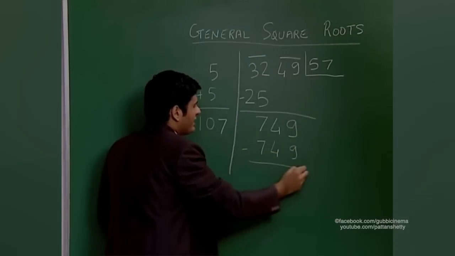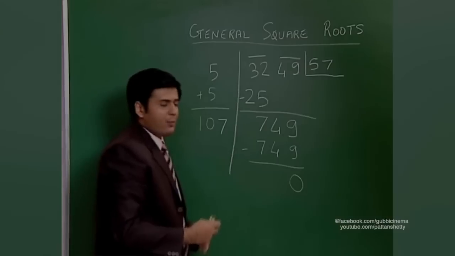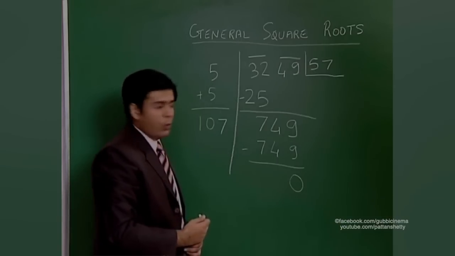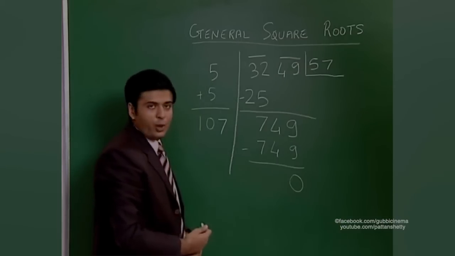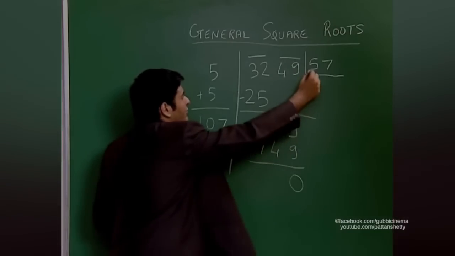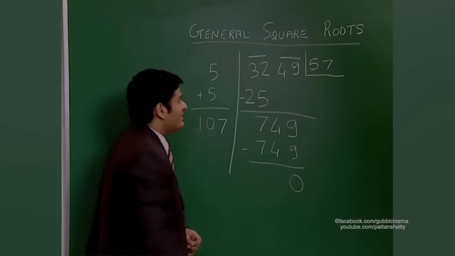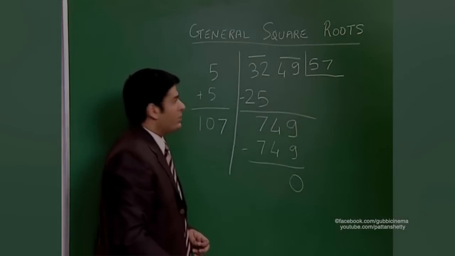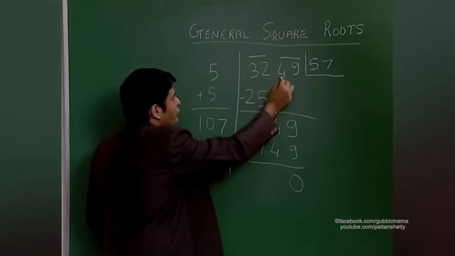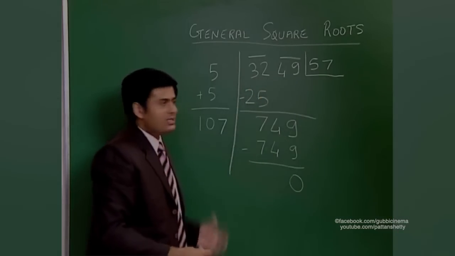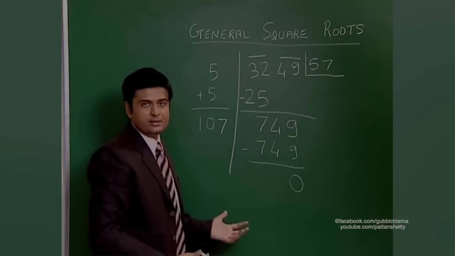When I subtract, I get 0 and my process is complete. So we check at this point and we see we get 57 over here. That means 57 is the square root of 3249. And with this, our entire system is complete.